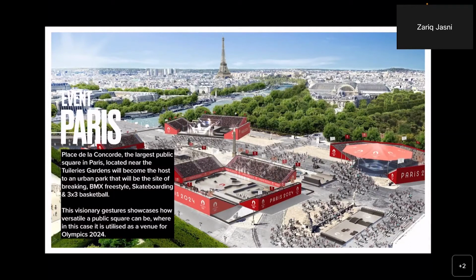So as you can see, Place de la Concorde, the largest public square in Paris, is located near the Tuileries Garden, and it will become the host to an urban park that will be the site of breaking, BMX freestyle, skateboarding, and 3x3 basketball. This visionary gesture showcases how versatile a public square can be, where in this case it is utilized as a venue for the Olympics.